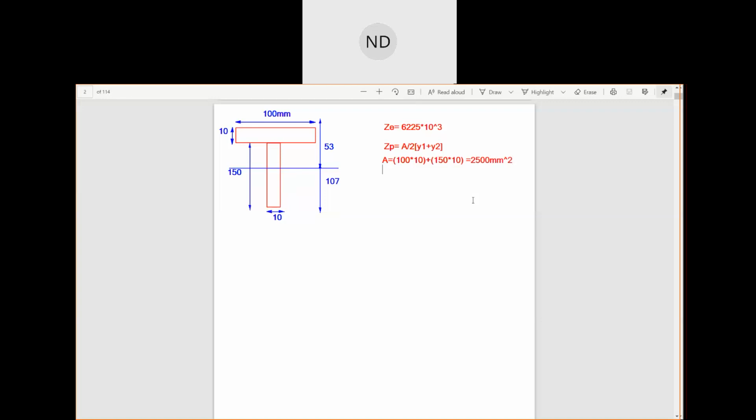Now we have to find the equal area axis.